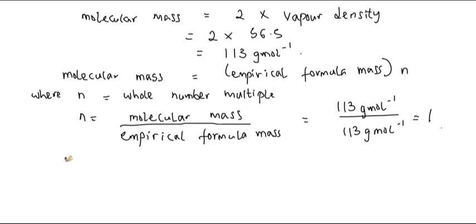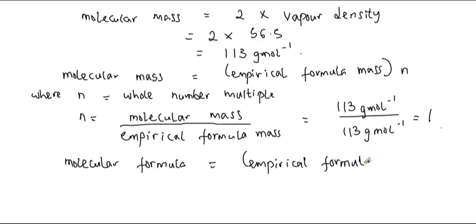So we have molecular formula equals empirical formula into brackets of n. Here now we've gotten n, we have empirical formula, but molecular formula remains unknown.